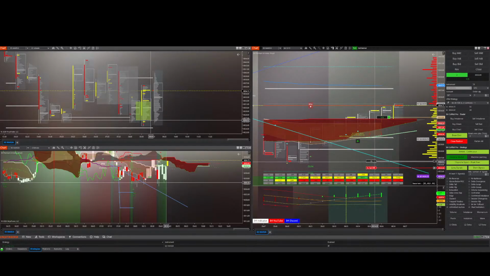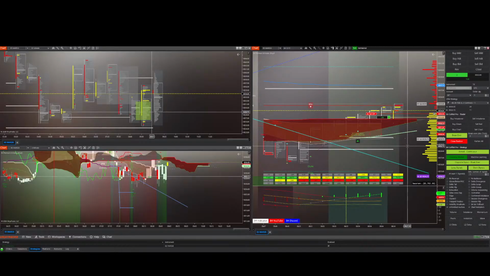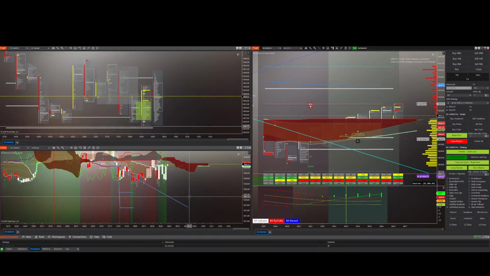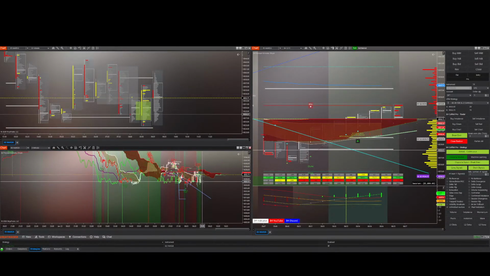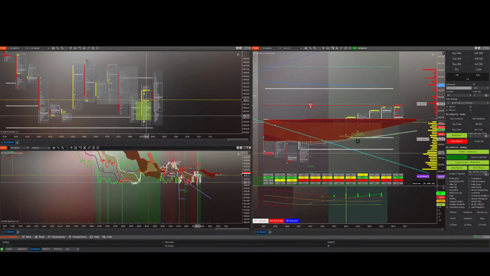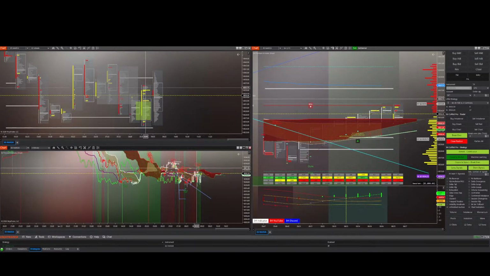Ichimoku is designed to let you look at the chart immediately and tell whether we're trending or chopping. Ray Charles can see we're chopping just looking at the candles and the wicks.